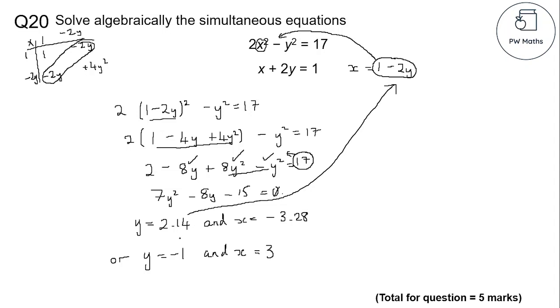You have to tell the examiner which one goes with which. That one goes with that one, and the minus 1 goes with the 3. If it asks for coordinates, give it as coordinates. Here it doesn't, and they would take a mark off if you gave the answer as a coordinate if they did not ask you to.